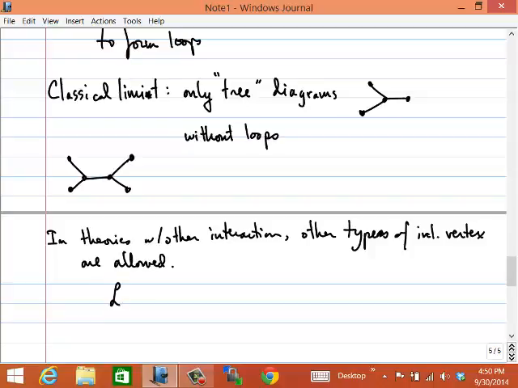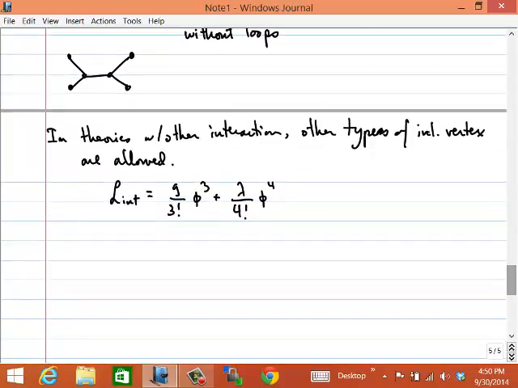So, for example, if you have both a phi cubed and a phi to the fourth interaction, then you would have both a cubic vertex as well as a quartic vertex.